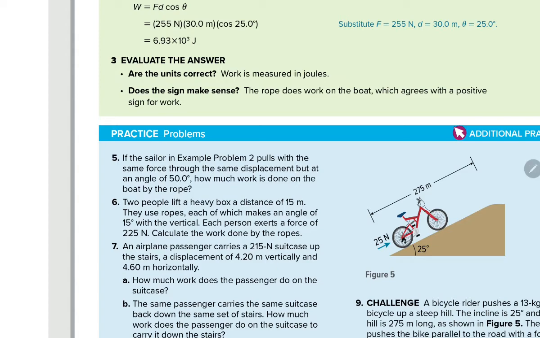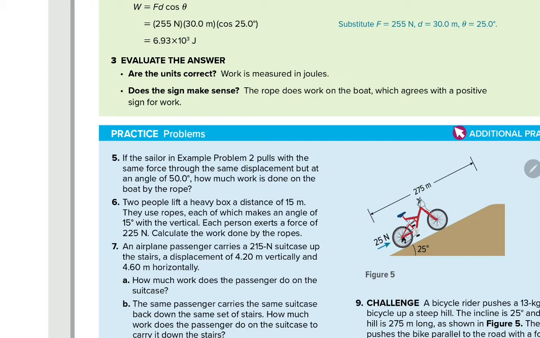Now for practice problems in the book, we have question number 5. If the sailor in example problem 2 pulls with the same force through the same displacement, but at an angle of 50 degree, how much work is done on the boat by the rope?